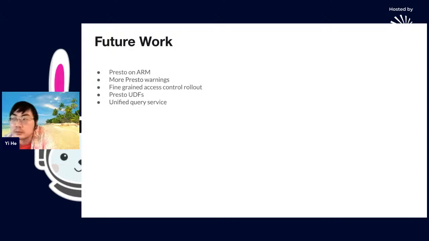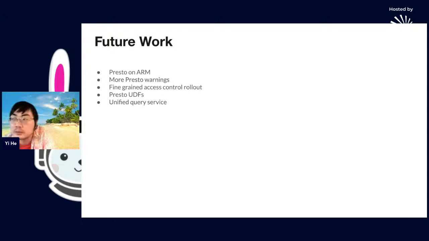Based on some community estimation, it looks like it will have great cost saving potential if we run Presto on Graviton, but this is something we would like to evaluate with our own workloads. We will also continue to add more Presto warnings to our system to further help our users.